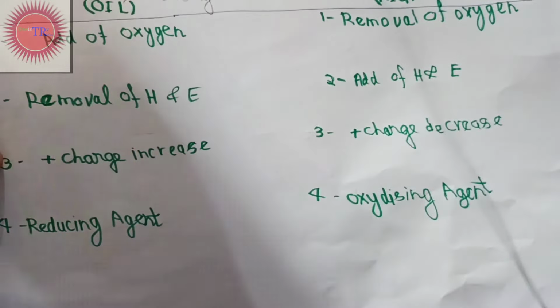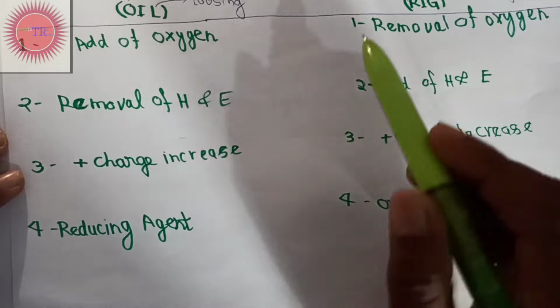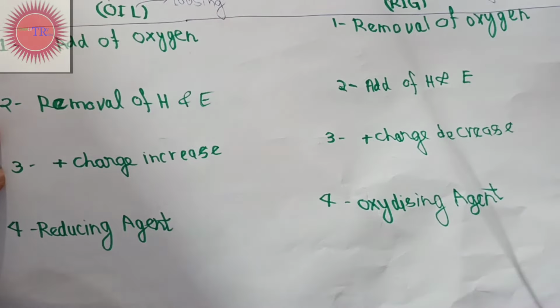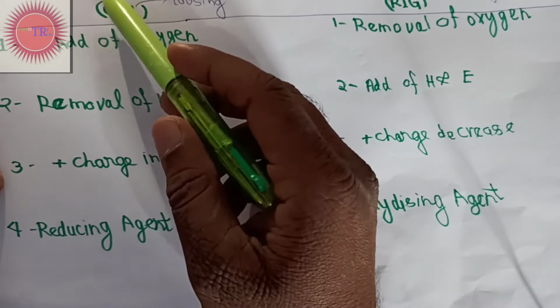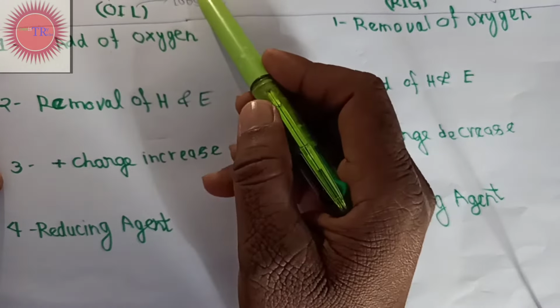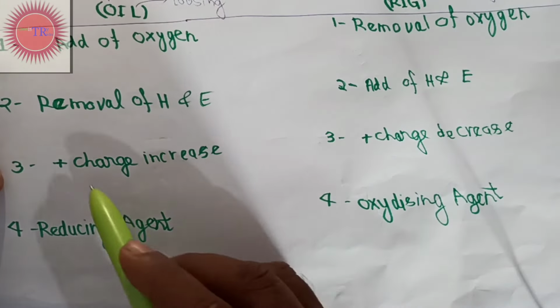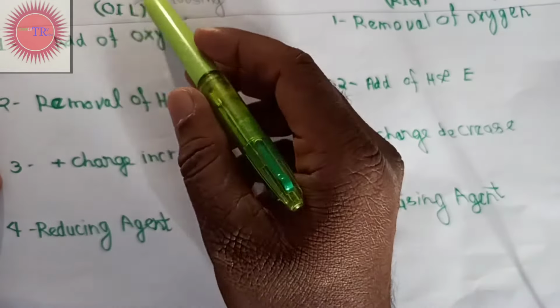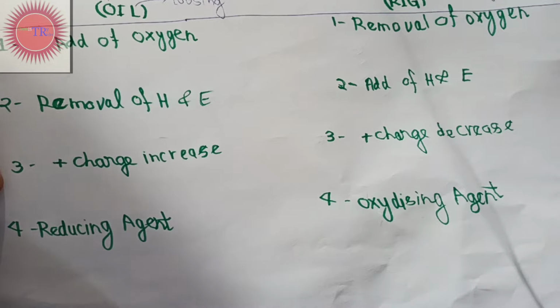Then you have to learn only the definition of oxidation. You do not have to learn reduction, or otherwise you will be confused. Then I repeat again, what is oxidation? Oxidation is oxygen addition, removal of hydrogen, and plus charge increase. And the definition of oxidation is the same as the definition of reducing agent.